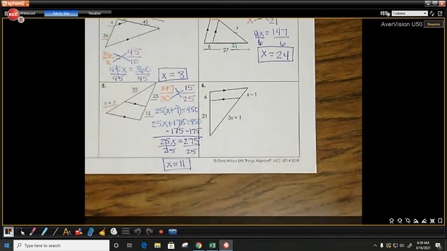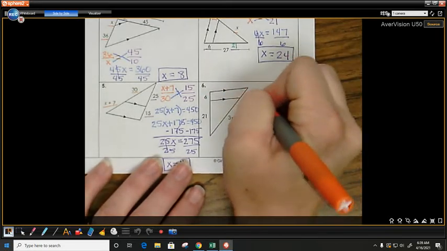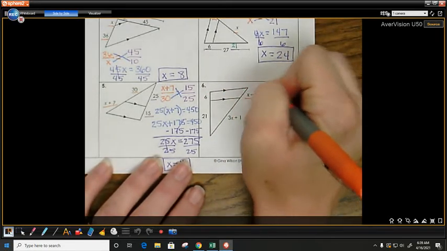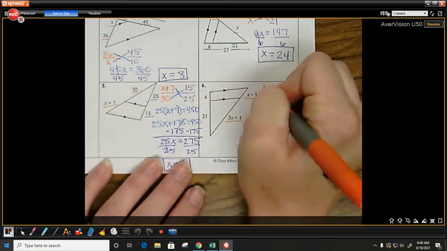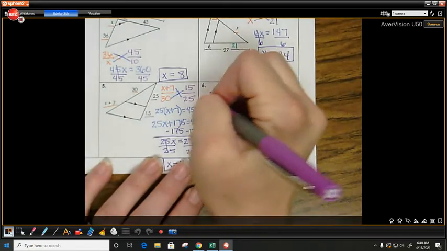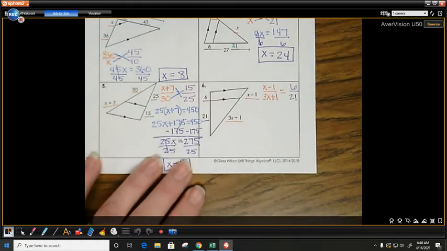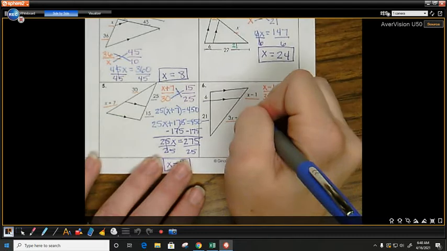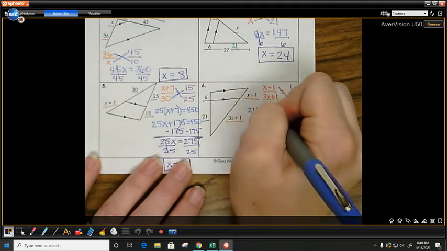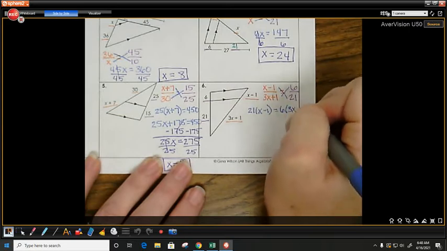Okay. Next one. I can set up a proportion because these two segments, these two lines, are parallel to each other. So I'm going to do x minus 1 over 3x plus 1 equals 6 over 21. So I need to cross multiply. So this is 21 times x minus 1 equals 6 times 3x plus 1.